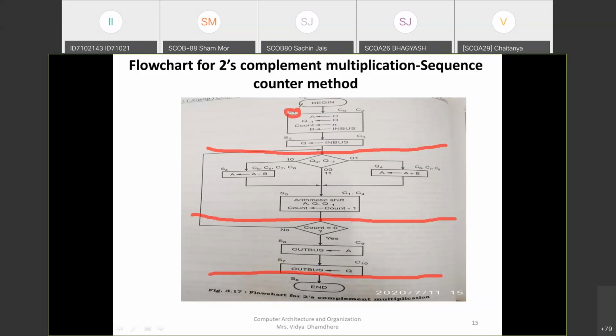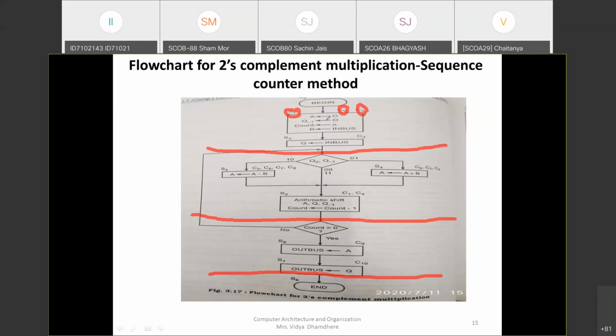Then we have to set the counters for this, so I can set which sequence operations we are performing: C0, C1 and C2. First, what is the C0 operation? The A register content will be 0. The A register in Booth's multiplication is an N-bit register, so all the bits we can initially set to 0.